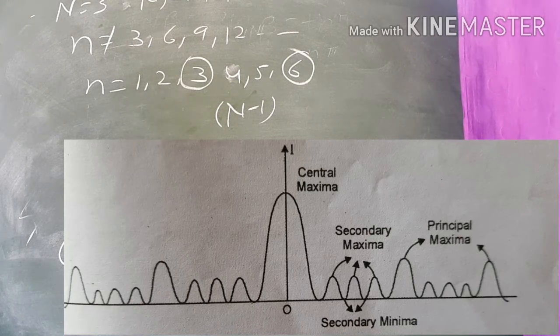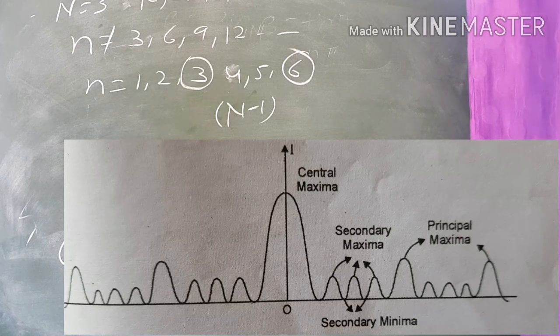Now the absent spectra in diffraction grating. There are also some spectra missing, as in case of double slit.